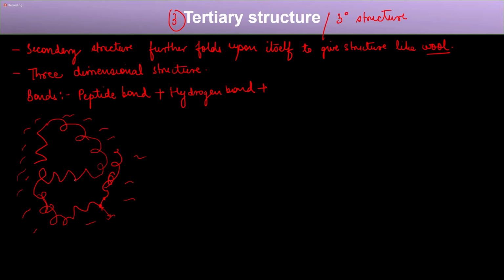Similarly, if there are amino acids present in the core, not exposed to the water, these amino acids must be non-polar, because non-polar amino acids do not interact with water. So they form an aggregate kind of structure so that they don't get exposed to the water.